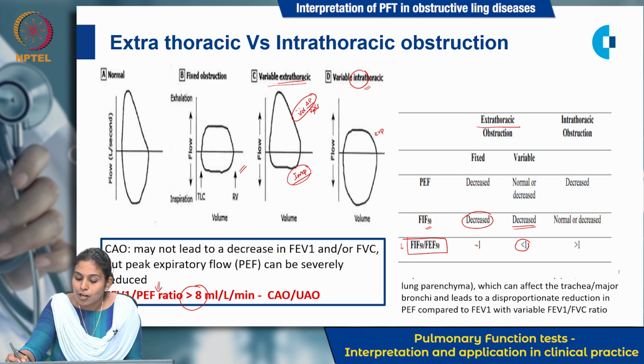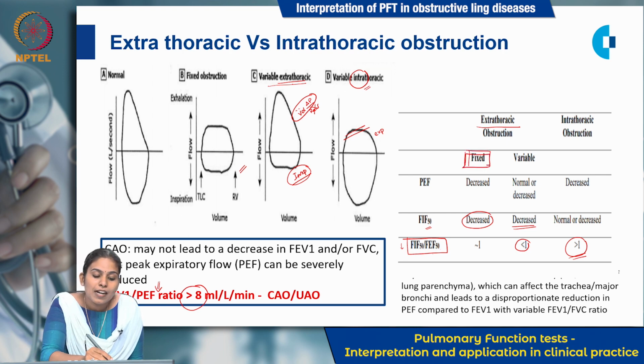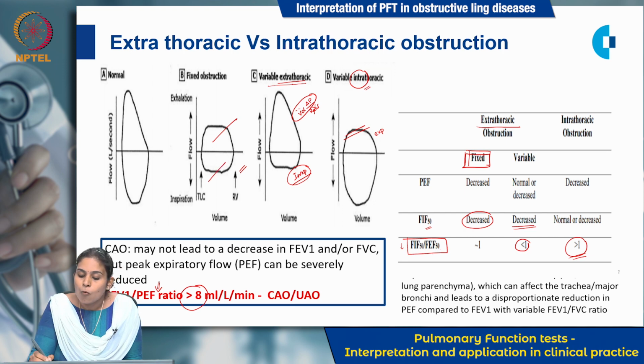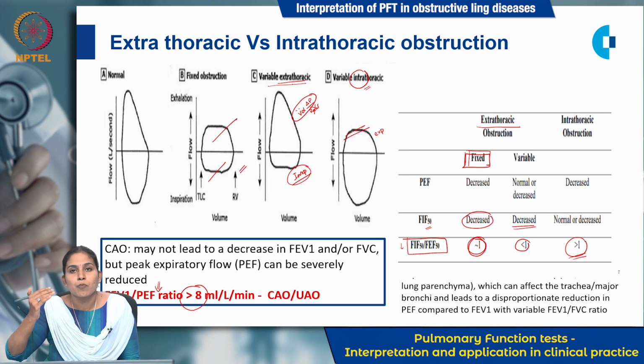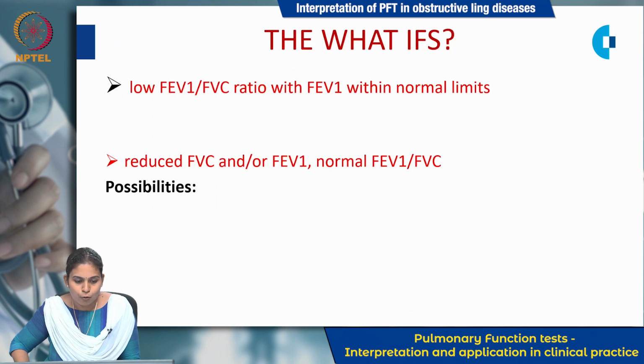Whereas in intrathoracic obstruction, there is flattening in the expiratory limb, so because your denominator is falling, your ratio is increased. In case of fixed obstruction, because there is proportionate reduction in both inspiratory and expiratory limbs, this ratio is approximately 1. Is that clear? I hope it is.